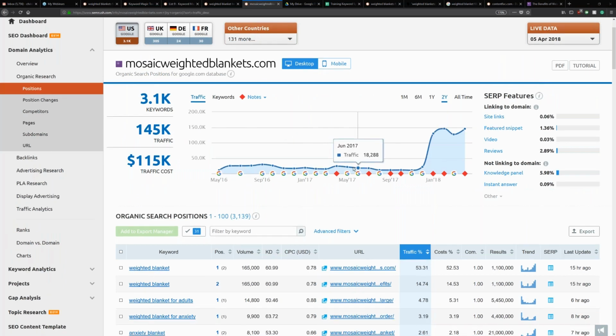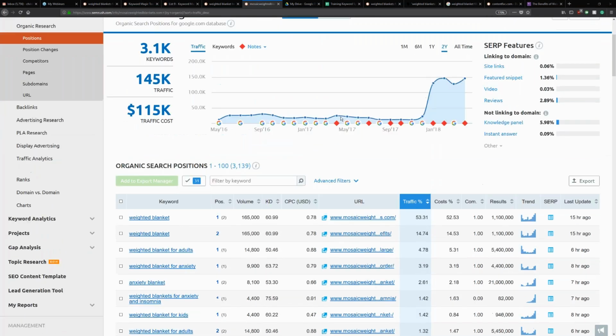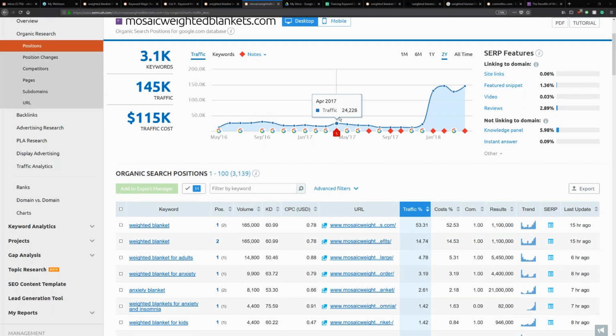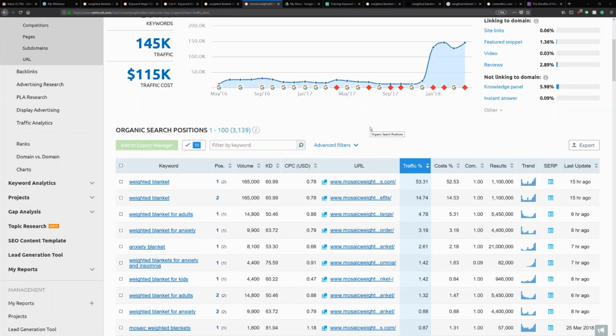Then it's just a matter of the arithmetic: how many click-throughs SEMrush estimates they're getting for wherever the position happens to be on the page, times what the CPC is for that particular keyword.